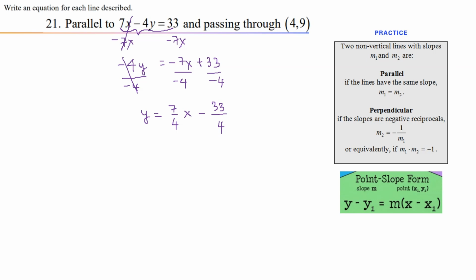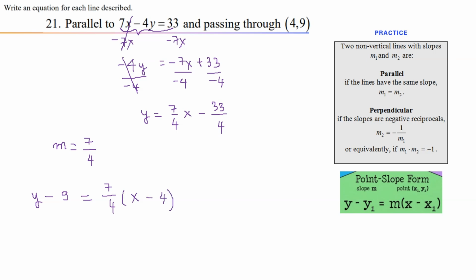Alright, now they said the equation we want to find will have the same slope as that equation. So this one m will be 7 over 4. Now we can write y minus y1, which is 9, and then equals m, which is 7 over 4, open parenthesis, x minus x1, which is 4.